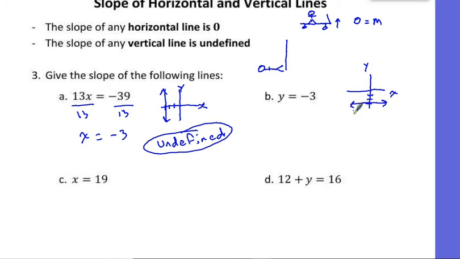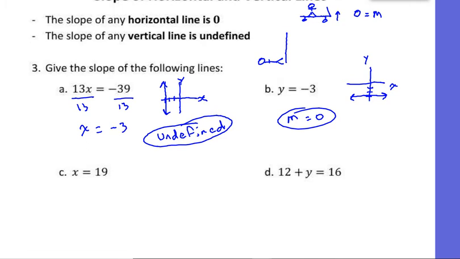That is a horizontal line, and like the treadmill, the slope for that horizontal line is 0. Try letter C and D on your own. Maybe pause the video and give them a shot, and then push play when you are ready to check.